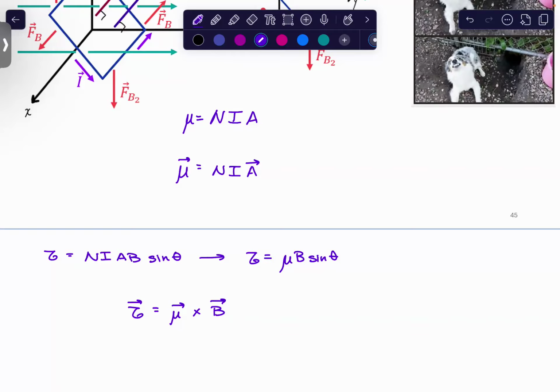And your magnetic moment is always going to point in the same direction as the cross-sectional area vector.